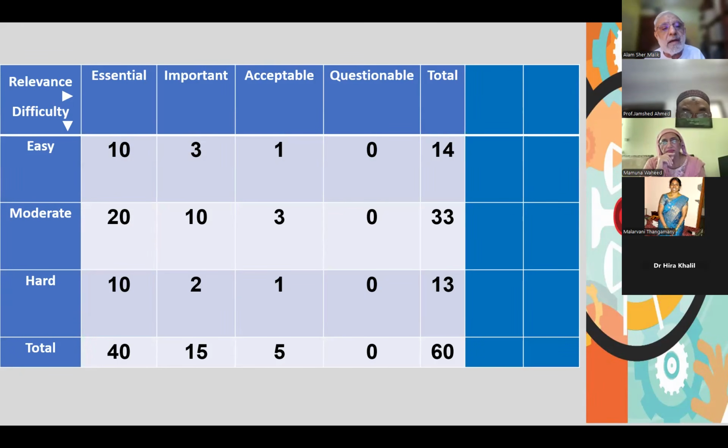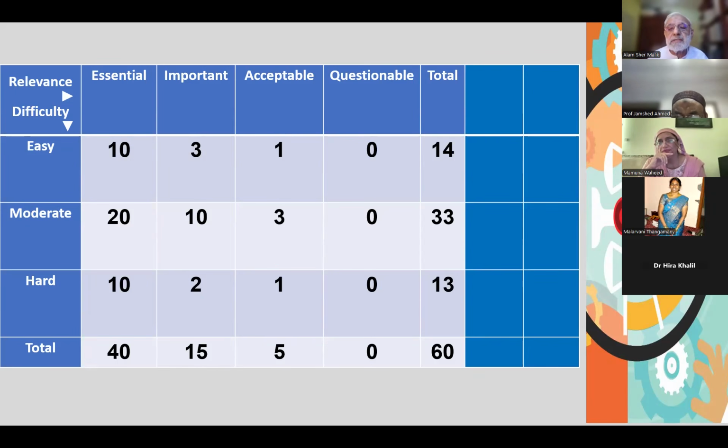Acceptable, yes, it's not important, but okay, this is a relevant question at that level. So, Sir, I think the essential and important are a clinical angle, and acceptable is related to the anatomical or pathological basic questions.